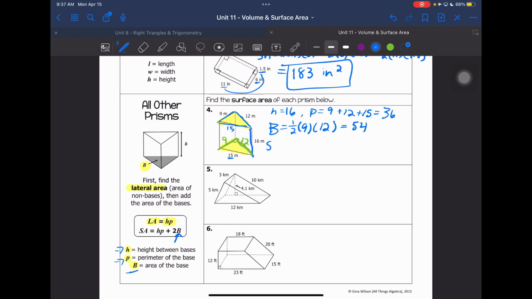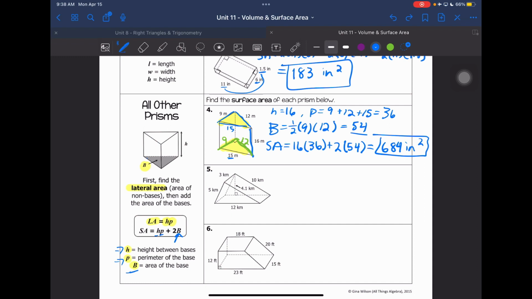Okay, so now we can find the surface area of this prism. I'm going to do height times perimeter, so 16 times 36, and then plus 2 times area of the base. The area of the base is 54. So this all gets plugged into that formula, and we just type that in the calculator and evaluate our answer. That comes out to 684 inches squared, and that would be the surface area of this triangular prism.